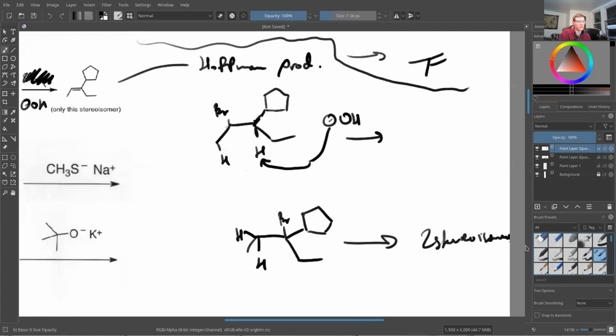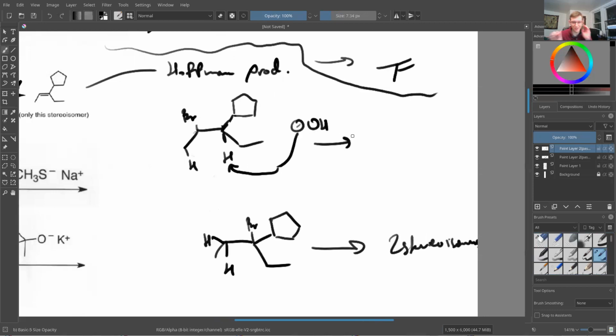Let's get rid of all that. Cool. Okay, and so now if we do this, we're going to get the Zaitsev product like God intended. And then now we only get one.